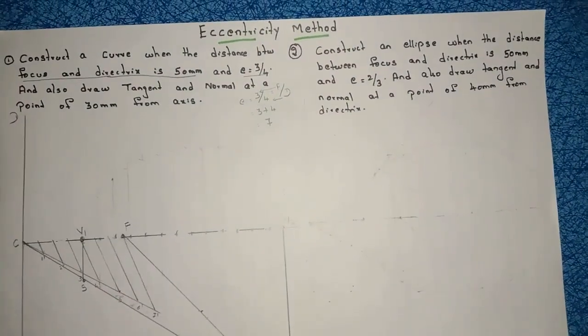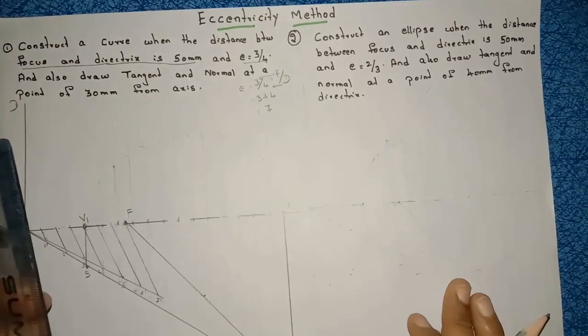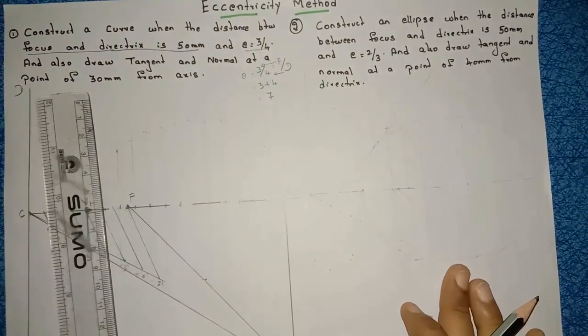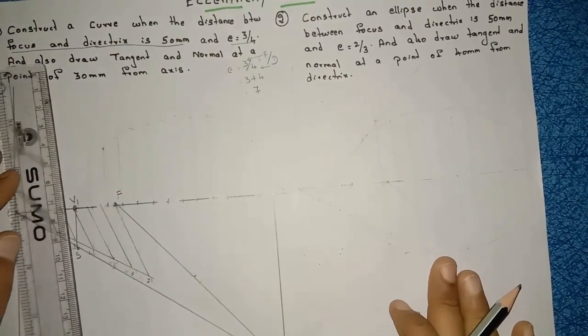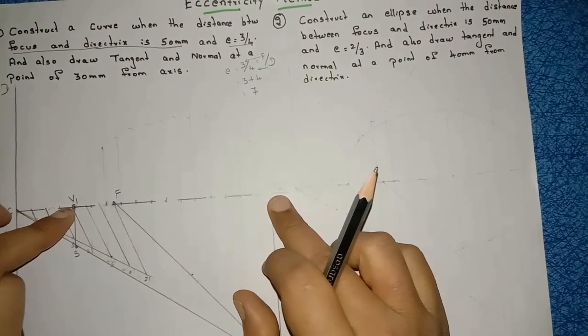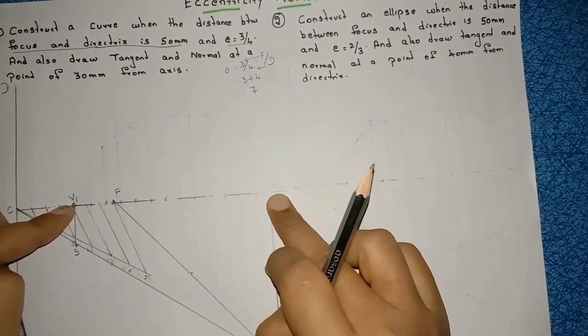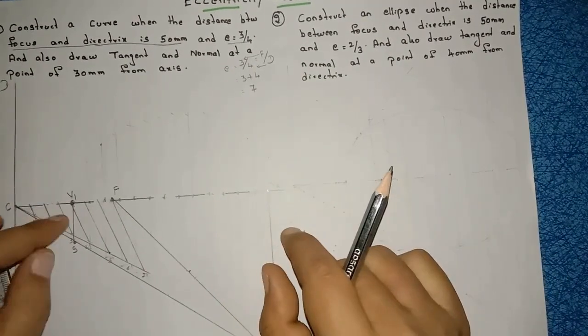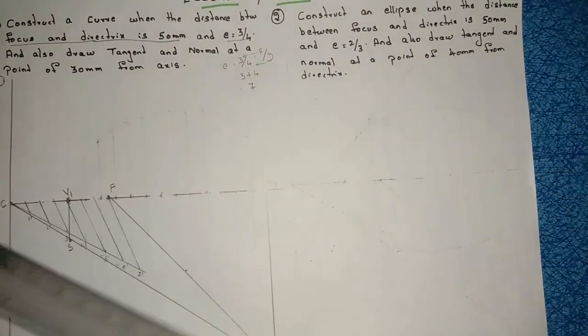If you are getting exact distance 11, divide into 11 equal parts. You can divide into any number of equal parts, but better if you take more than 7 or 8, you will get the exact shape. Whatever may be the distance, suppose I am getting 13.2 by 8, calculate that and simply mark the distance with the scale and divide.